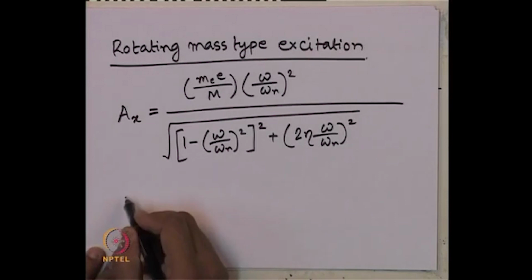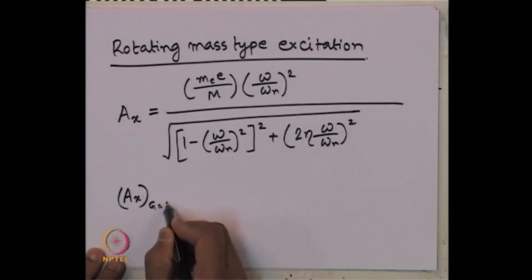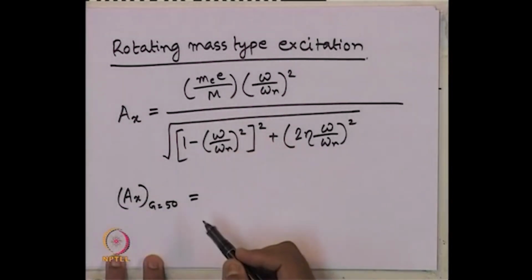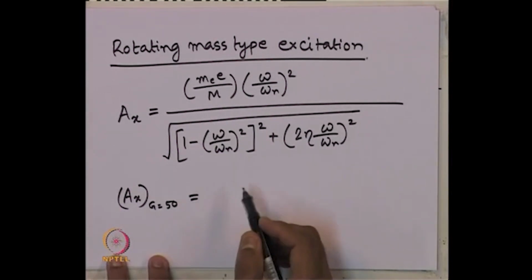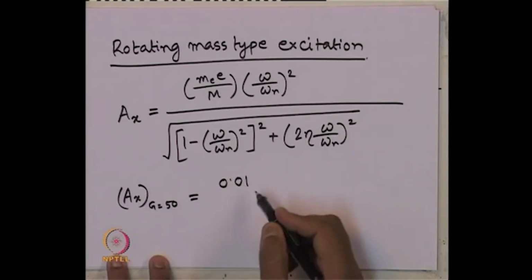Okay. So, for A x at G equals 50, the first type of soil, m e e by m we had already calculated as 0.01 centimeter, right.